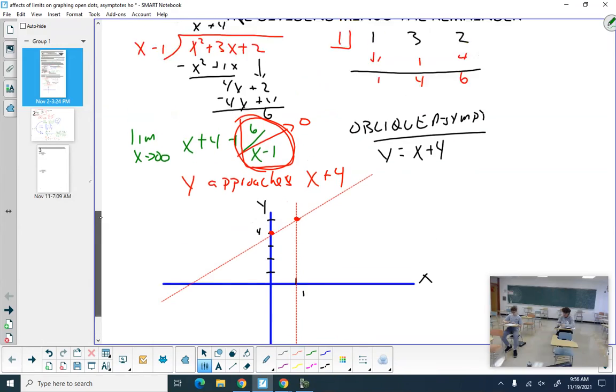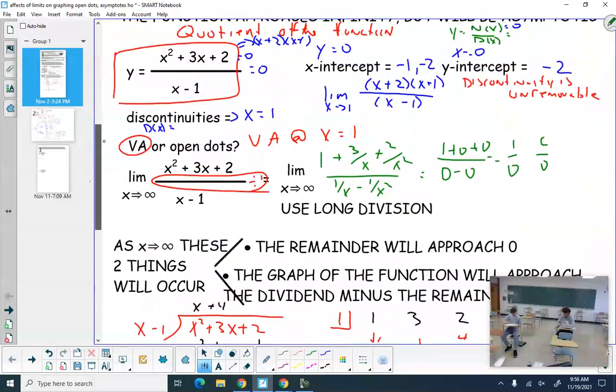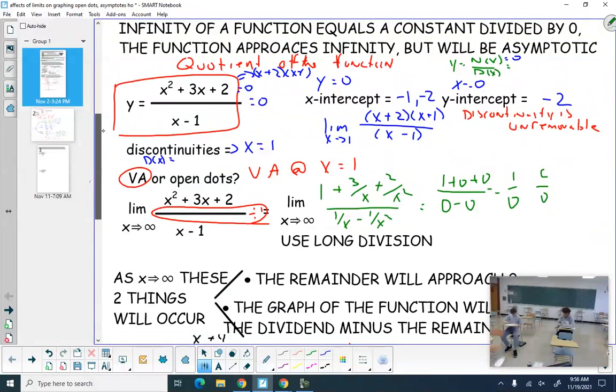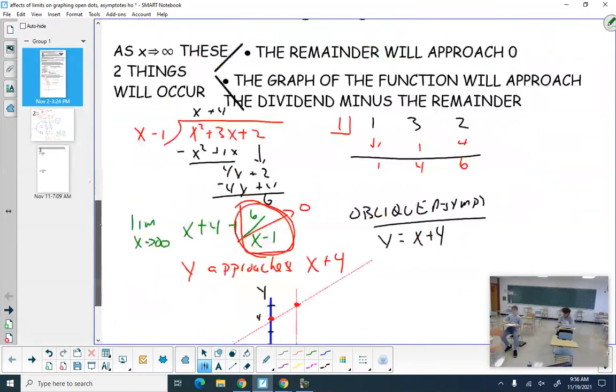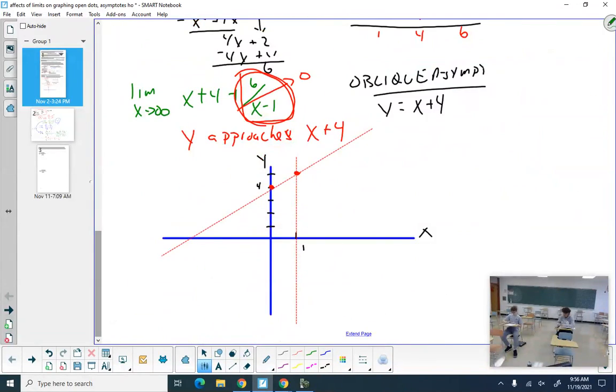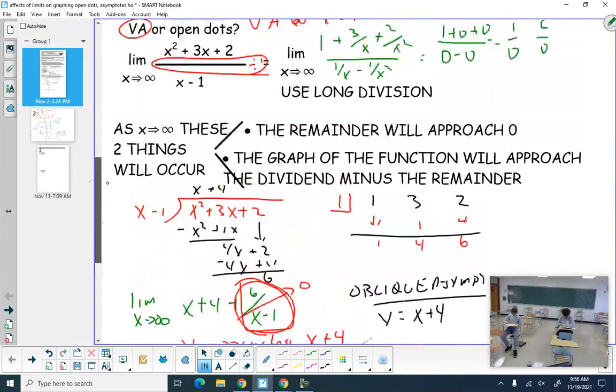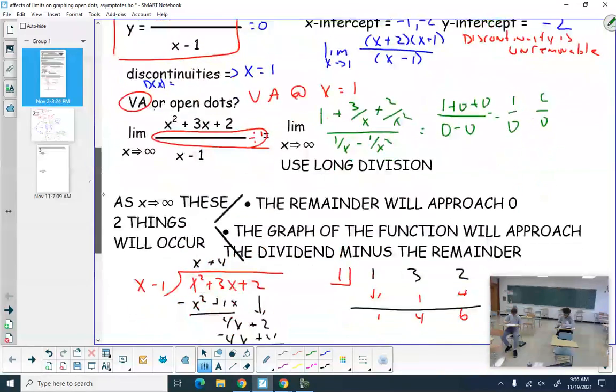We have x-intercepts at -1 and -2. And we have a y-intercept at -2.